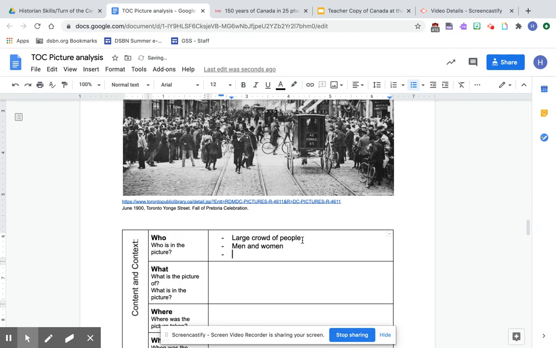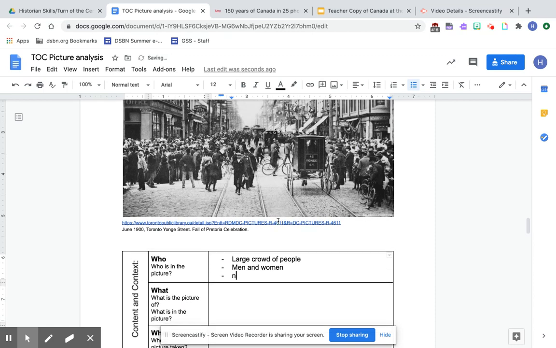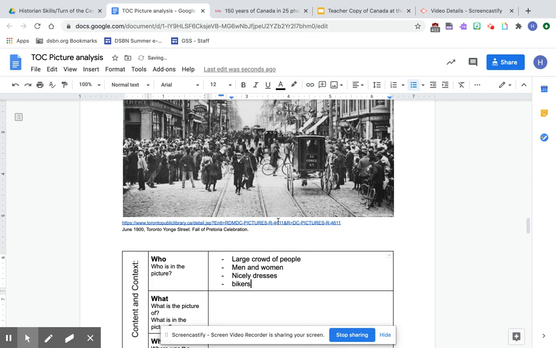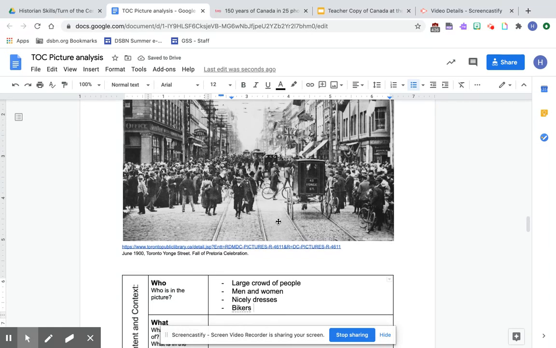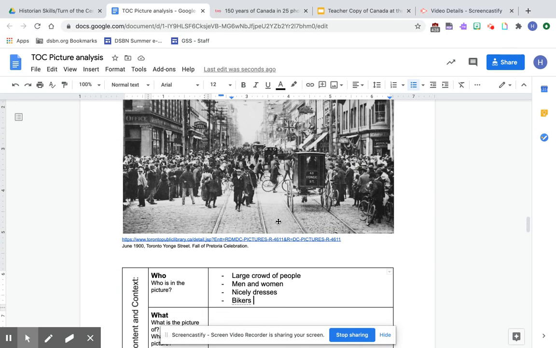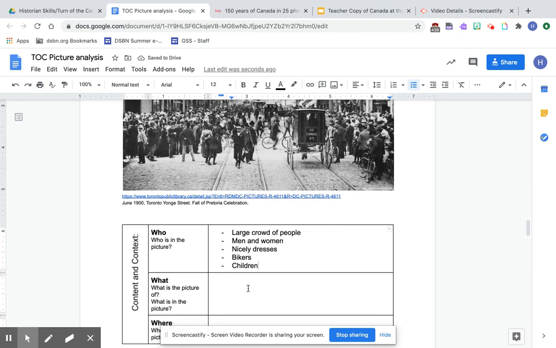Let's comment on their clothing. They all look pretty nicely dressed. There's a lot of bikers in the photo. So I think that pretty much covers who is there. We also see children in the photo, because there's a couple of kids, and there's a kid right there.